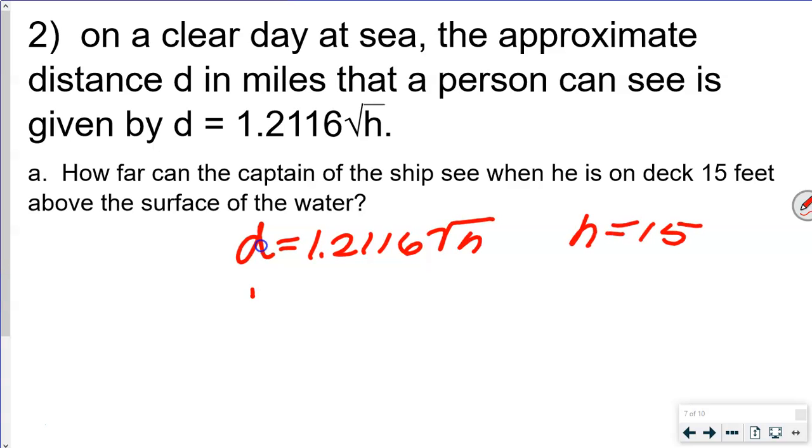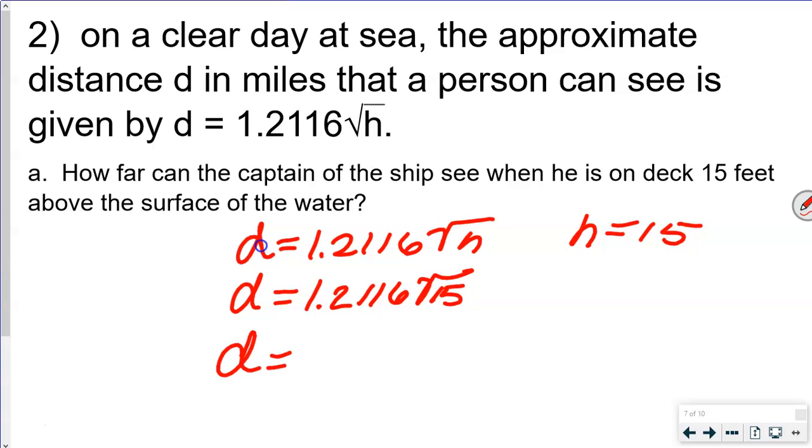So we're going to go ahead and solve for this. You guys can put that right in your calculator. And when you do that, it's going to tell you 4.7 miles, right? And yes, it's miles because it says d in miles up here, okay?